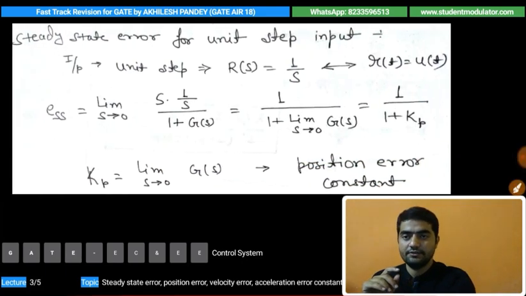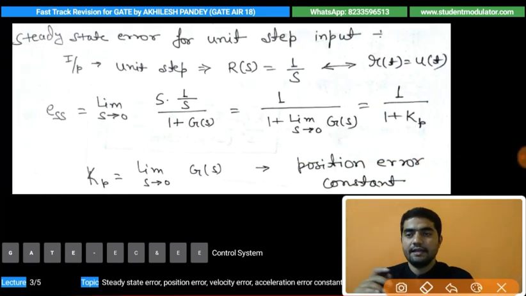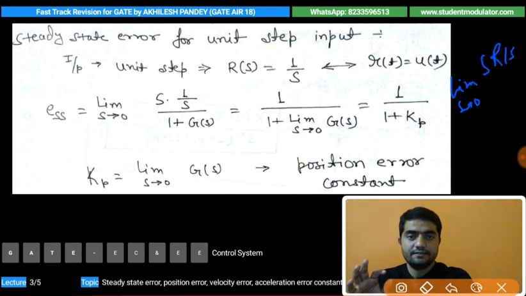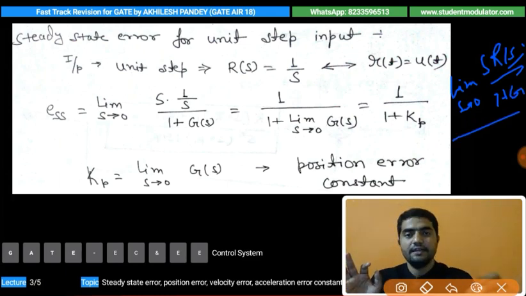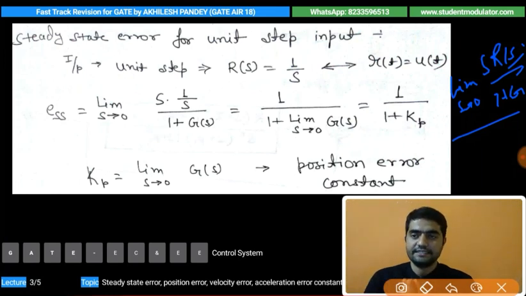So for the position error constant, we just defined ess equals limit s tends to 0 of Rs upon 1 plus Gs. Check it again. We just defined this as the steady state error. Now we will apply the same formula to get the steady state error for unit step input.